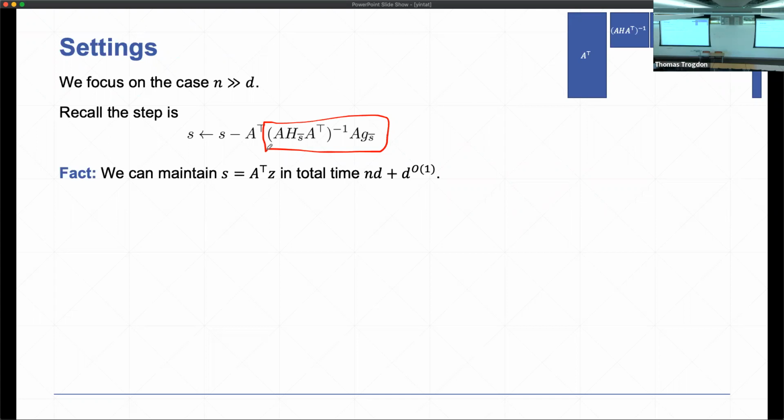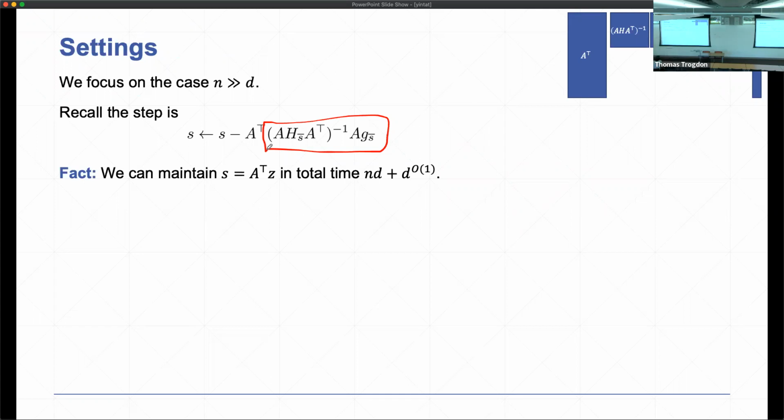But I will skip all of those steps and tell you we can always maintain the solution in this form: A transpose times some vector c, and this is a d-size vector. And the trouble is we have many steps. Each step, if we multiply A transpose with this, then each step costs nd, which is over our budget. That's why we maintain it sparsely in this form.